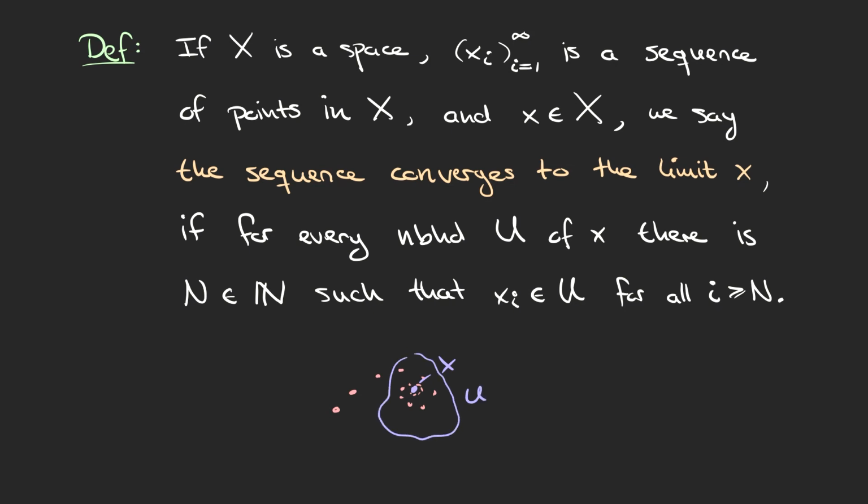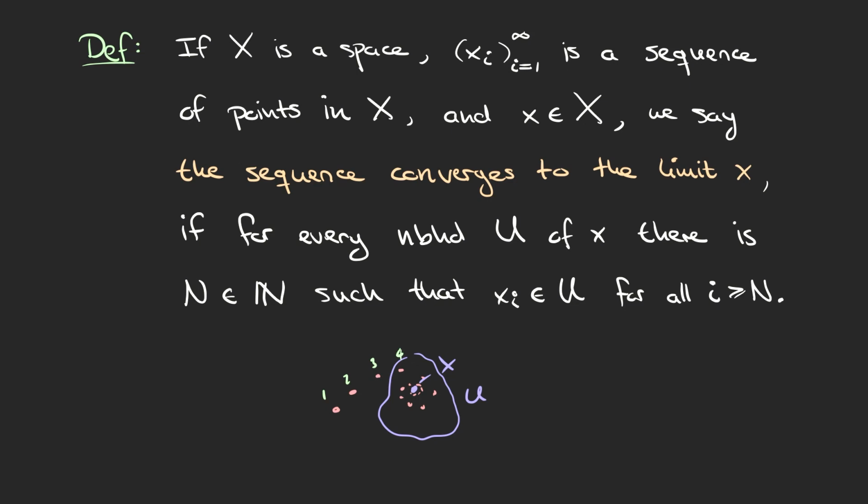And for this neighborhood, it has to be the case that eventually all of the members of the sequence are within this neighborhood. So as of some index, in this case, we might have this being x1, this x2, x3, x4, but after index 3, all of the members of the sequence lie within this neighborhood U. Hence, for this neighborhood, the condition would be fulfilled. We could set capital N to be 4.